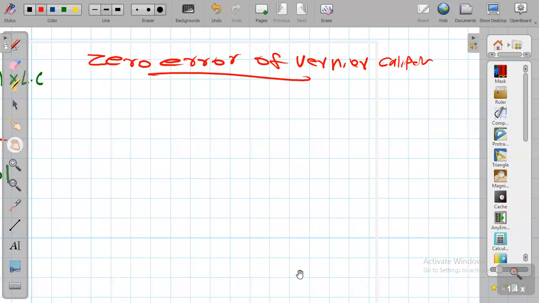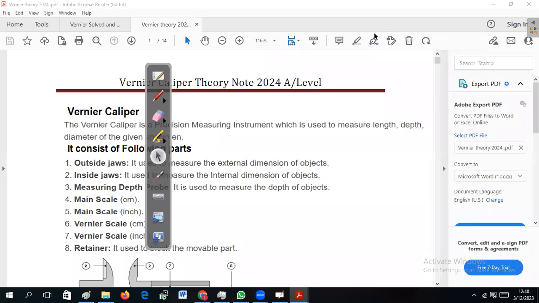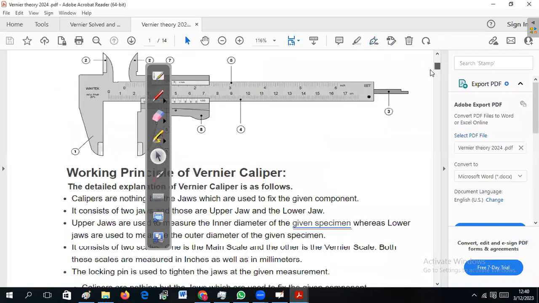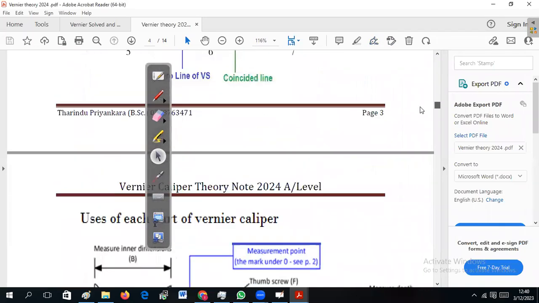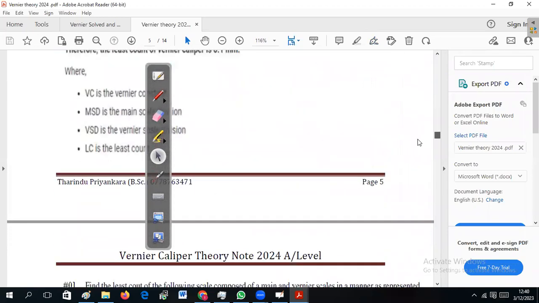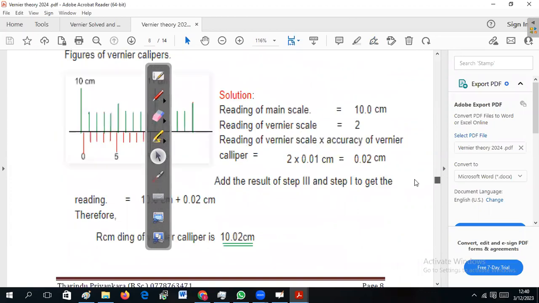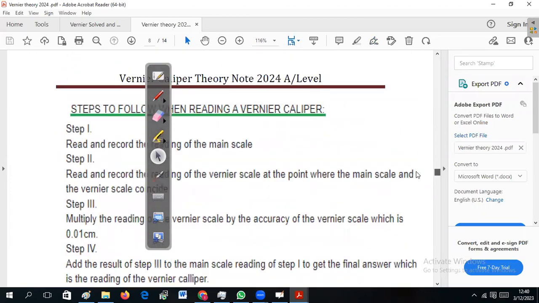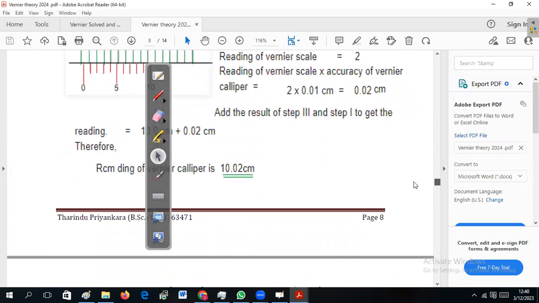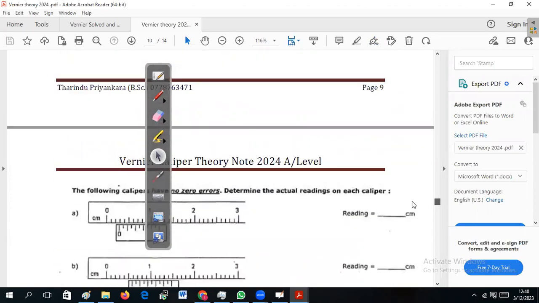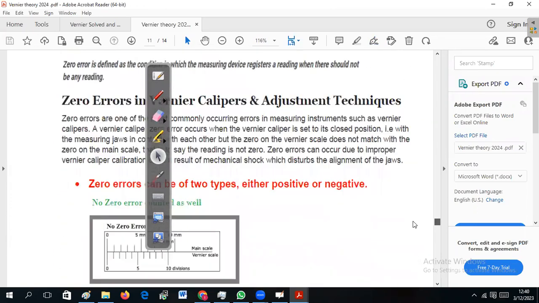Right. This is what our theory gives. Very basics we have done.